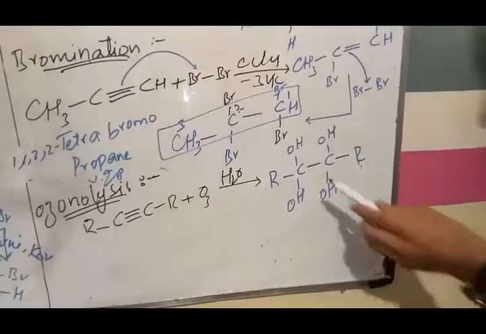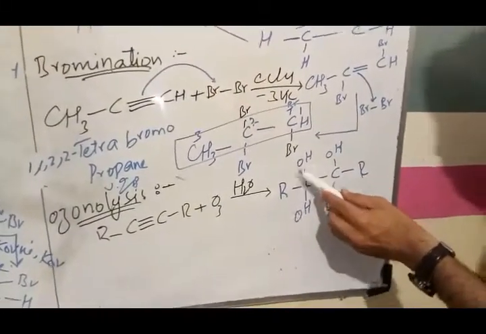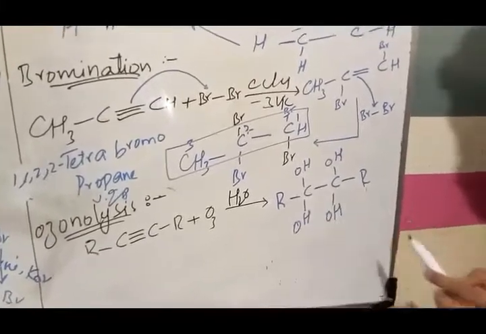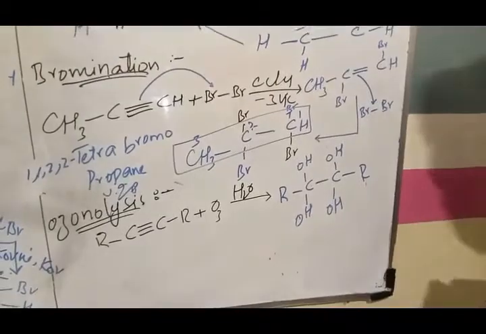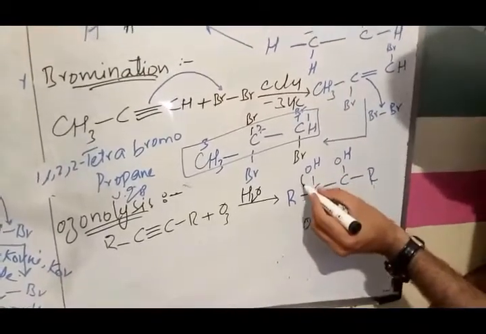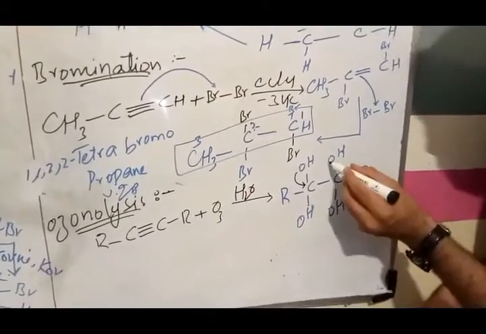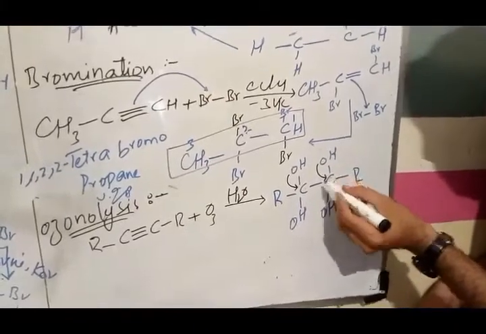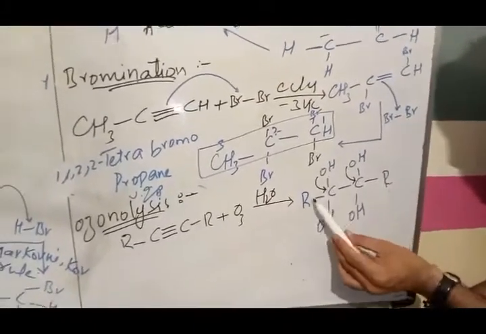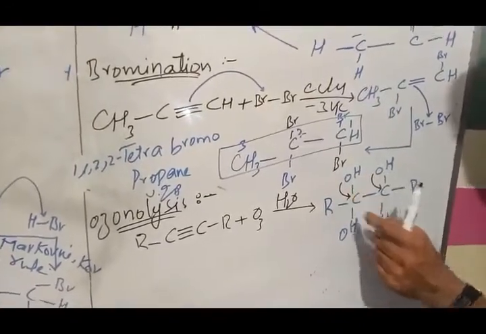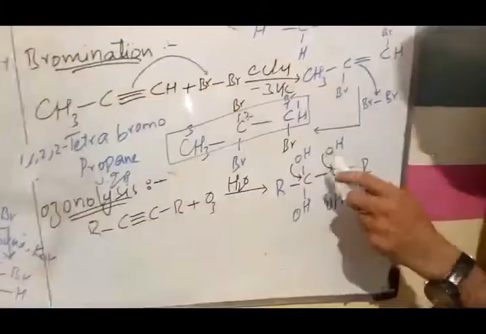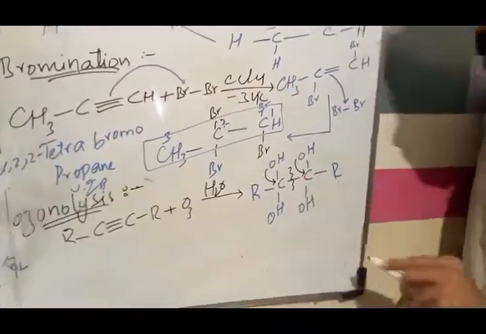As you know, one carbon cannot bear more than one electronegative atom. This will create instability. So to reduce this instability, one oxygen will attack this carbon. This oxygen will also attack this carbon. As you can see, this carbon has already made 4 bonds. By accepting the attack from this oxygen, this carbon must cleave its sigma bond.